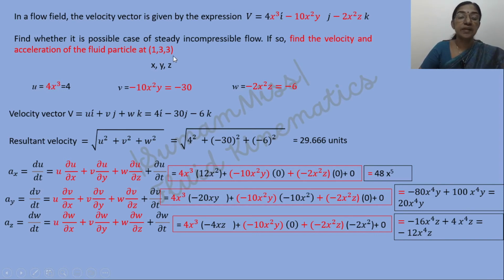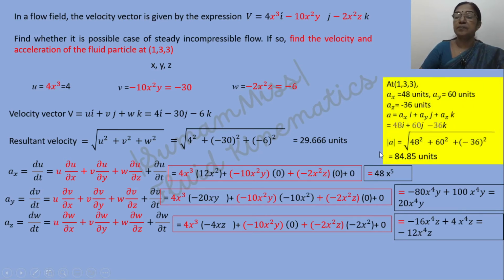If we substitute the corresponding values of x, y, z for ax, ay and az, then ax is obtained as 48 units, ay is equal to 60 units, and az is equal to minus 36 units.